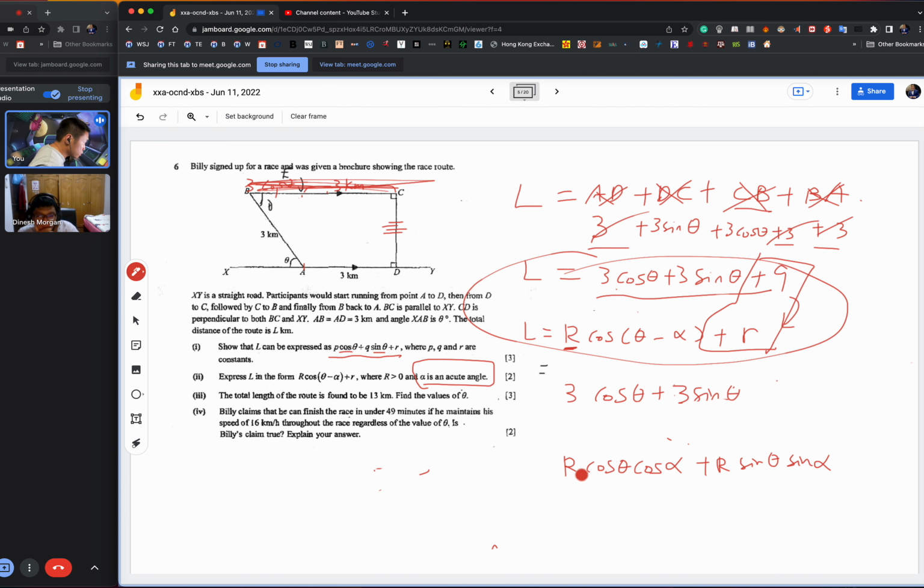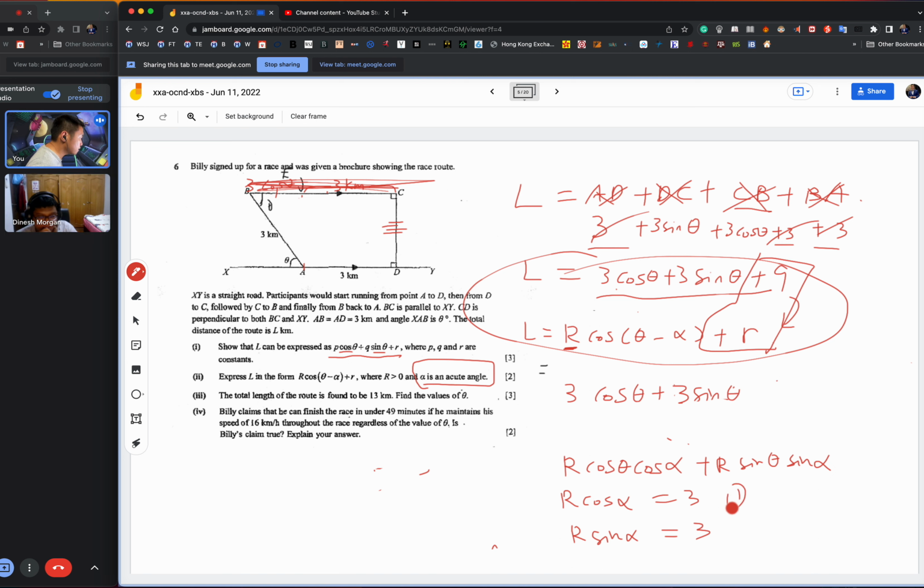So your r cosine alpha is equal to 3, and your r sine alpha is equal to 3, right? Yeah, okay. We should do it this way. So how are you going to continue? We are supposed to do it this way. Yeah. Now we are correct.